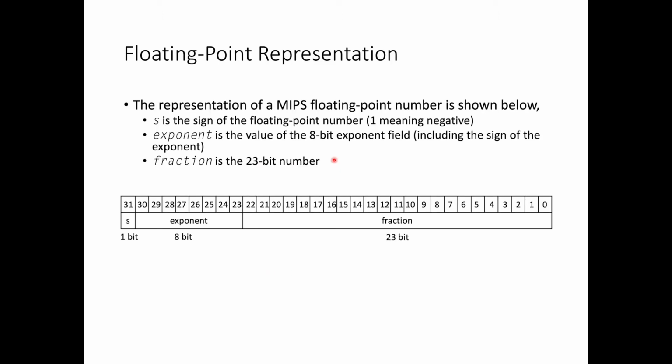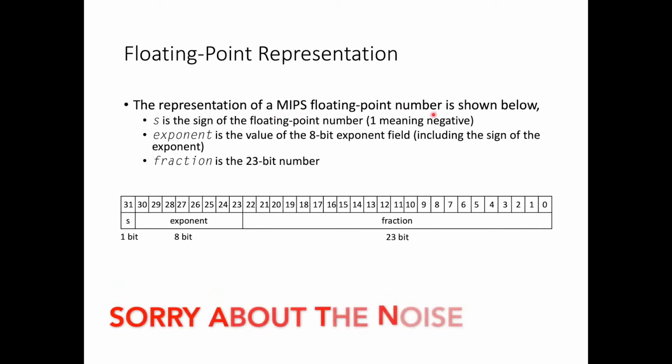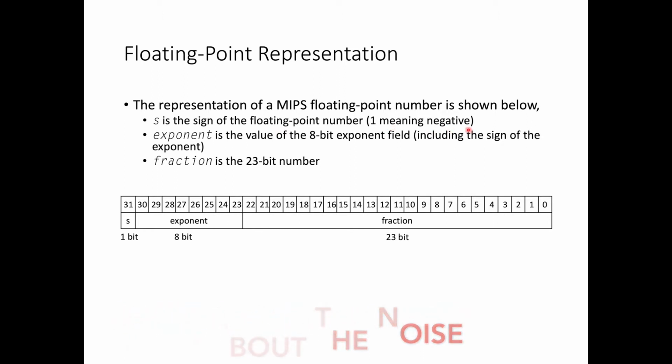Since we only use binaries in hardware, we should design a method to represent floating point numbers. So the representation of a MIPS floating point number is shown here, and this floating point is 32 bits long. The first bit, S, is the sign of this floating point. 1 means negative and 0 means positive.